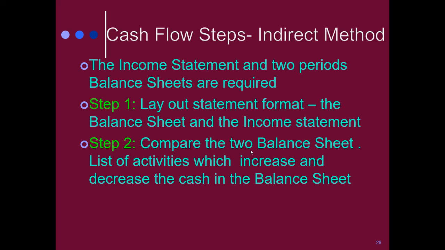So every account will have to be compared and calculated to see the effect, whether there is an increase or decrease in the activities from the prior year to the current year. And the increase and decrease must be listed out in another column at the balance sheet, to look at the movement.